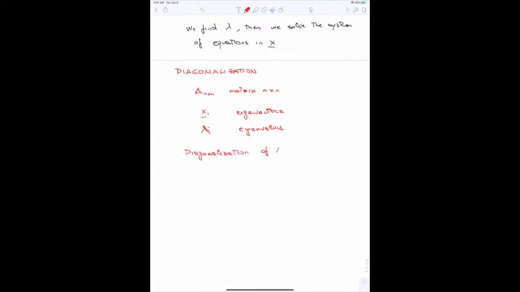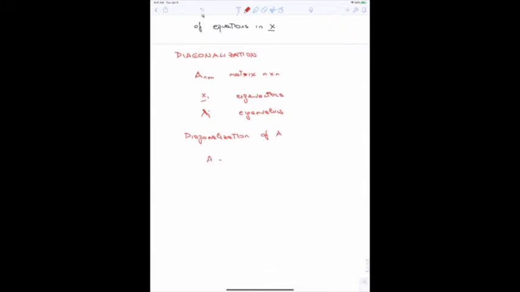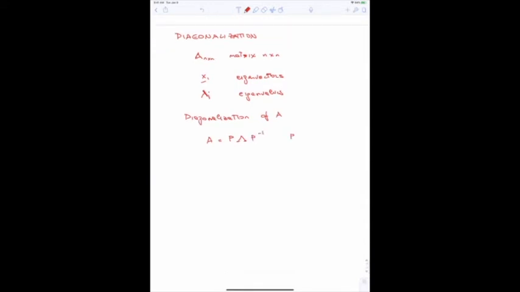So the diagonalization of A means writing A as P times capital lambda times P inverse. P is simply the matrix where you have column vectors x1 through xn. These are the eigenvectors, which are written as column vectors.